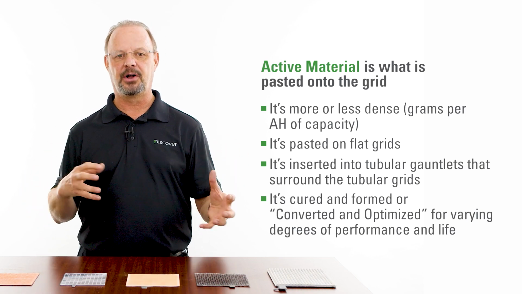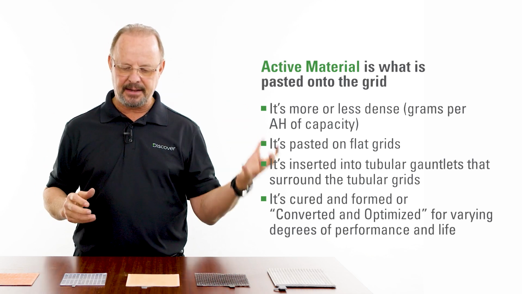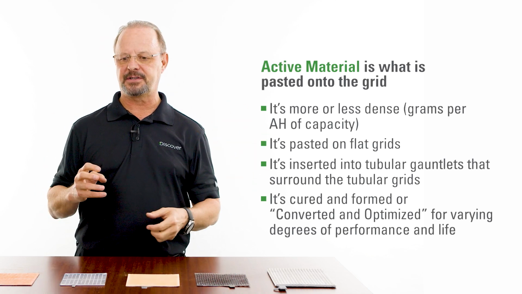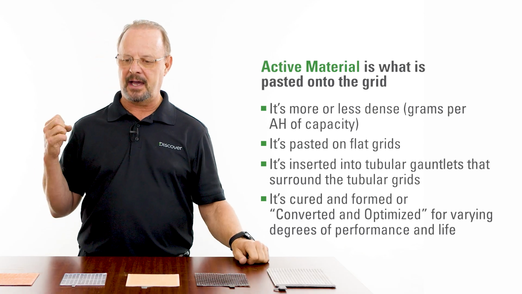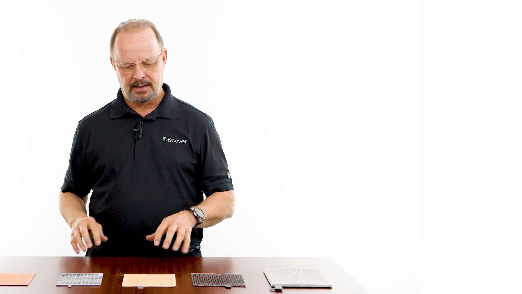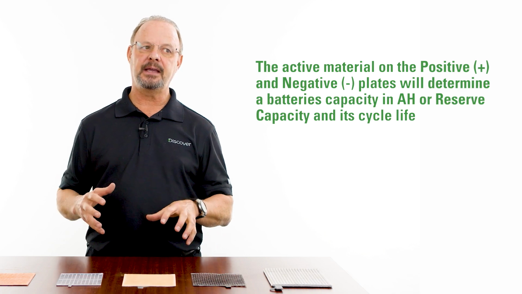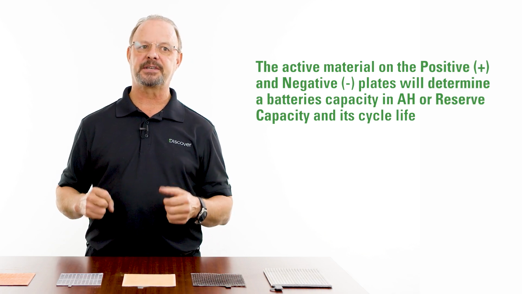In the industry, we call that alpha versus beta, or cycling capability and life versus initial capacity and starting power. So just as the grid design determines a battery's cold cranking ability, the active material on the positive plate and the negative plate will determine a battery's capacity.